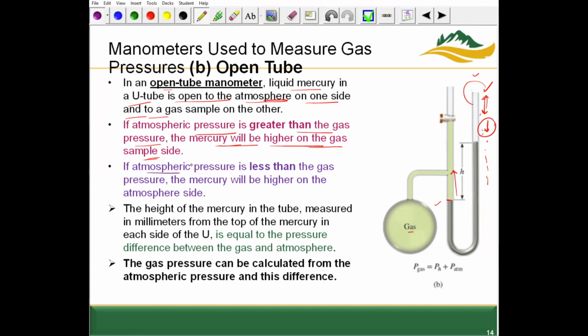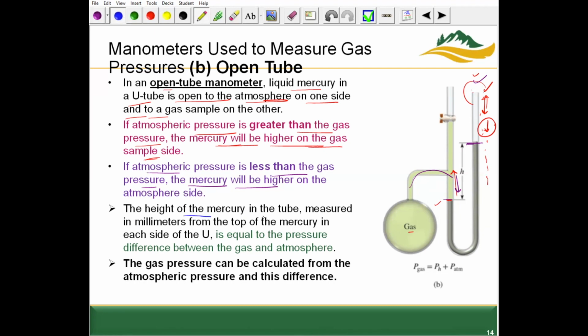However, if the atmospheric pressure is less than the gas pressure, the mercury will be higher on the atmospheric side, right? So if the gas pressure is greater than the pressure the atmosphere is applying, then the mercury will be higher on the open end side compared to the gas side where the mercury is contained.